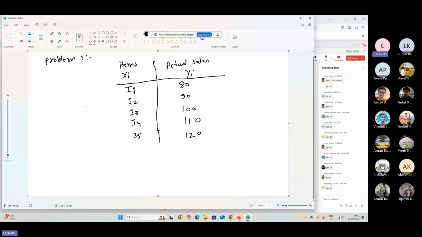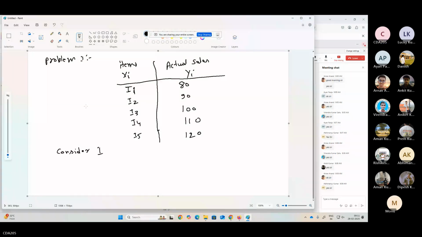Now we have to consider I6 and I7 as fresh items, whose actual values are 80 and 75.